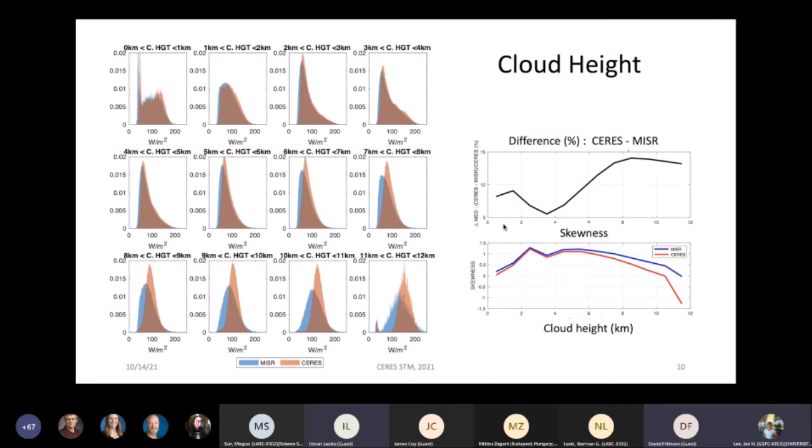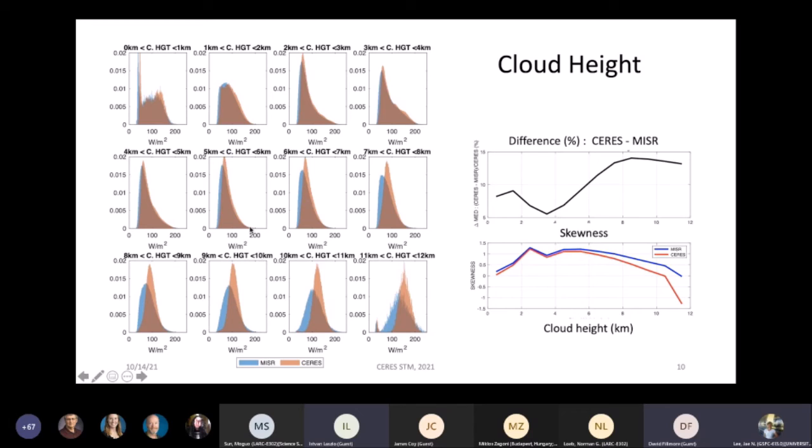For a closer look, we classified the shortwave flux over ocean with different cloud heights from 1 to 12 kilometers. It is interesting that the difference between MISR and CERES increases with cloud height, and some of the difference may be attributed to errors in treatment of 3D effects in the high cloud scenes.